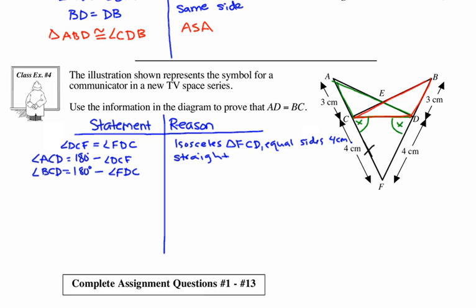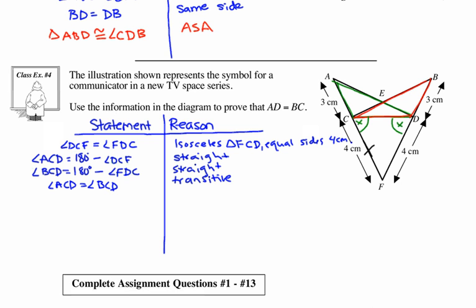Okay, so therefore, since these two are equal, that means angle ACD equals angle BDC. Both reasons there were straight angles, and this is the transitive property. So what we did here was, if BCF equals FDC, and they're both 180 minus that, and these are the same, then these two have to be equal. So that's what we just said, transitive property.